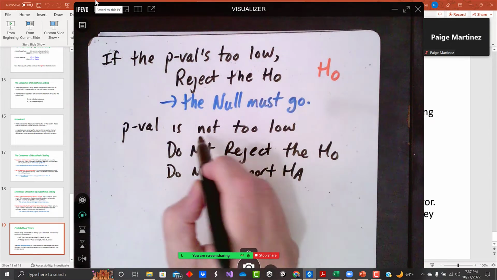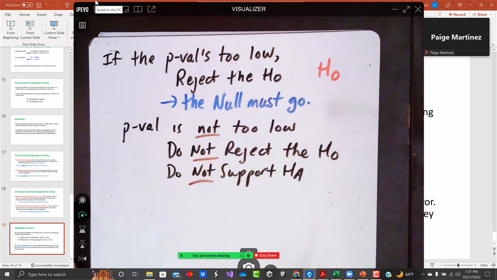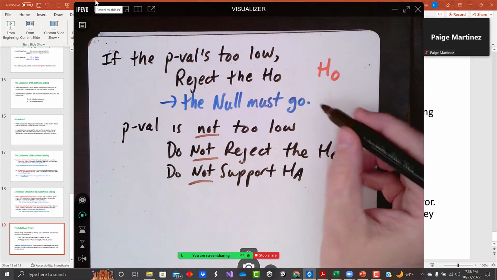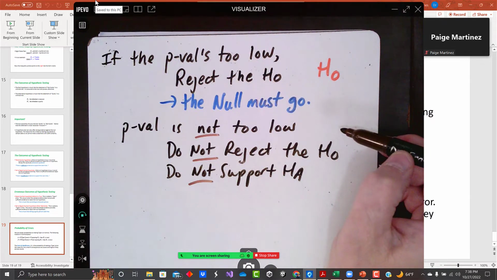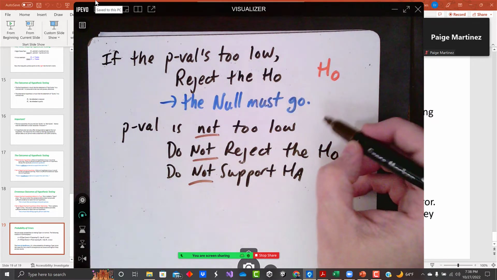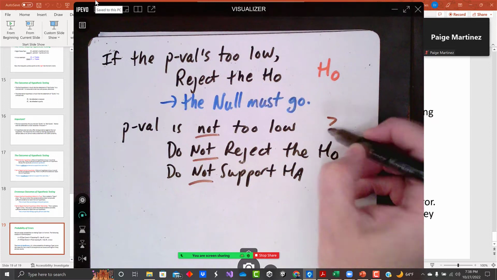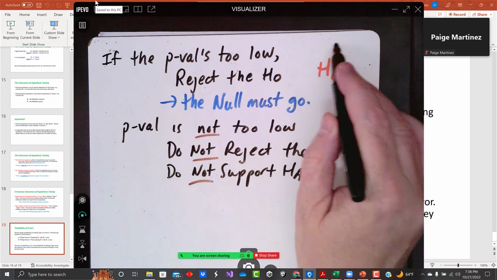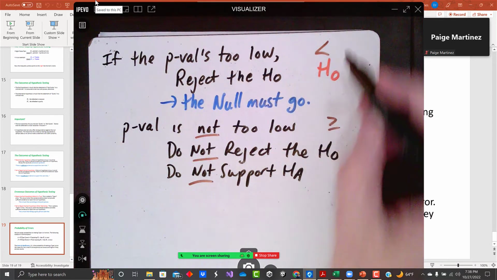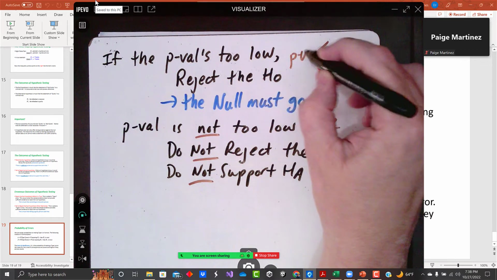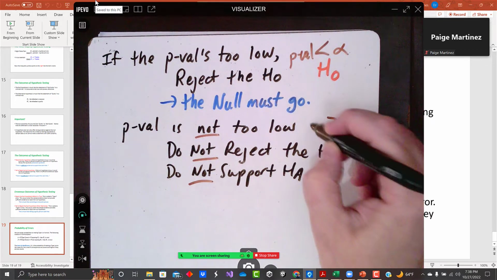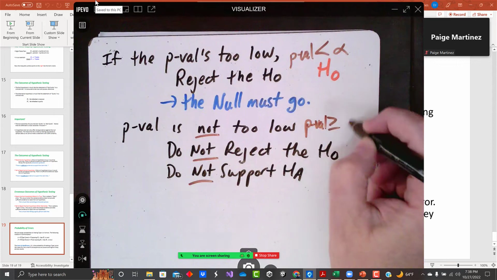The p-val is not too low, we do not reject, we do not support. Not too low means it's bigger. Too low means it's less. P-val is less than alpha. P-val is greater than or equal to alpha.